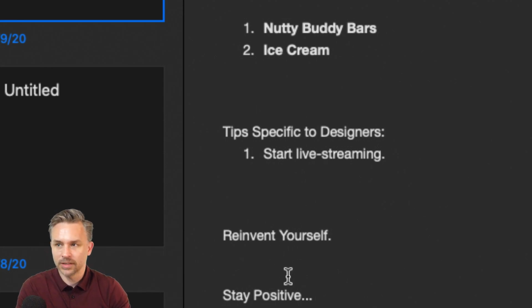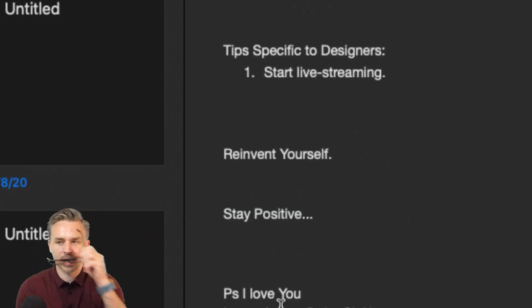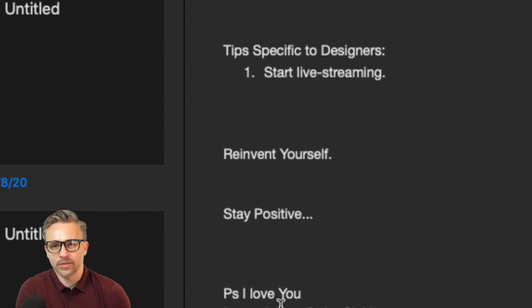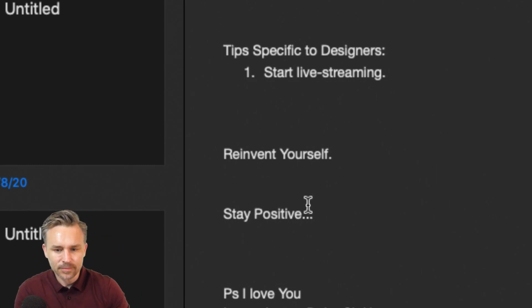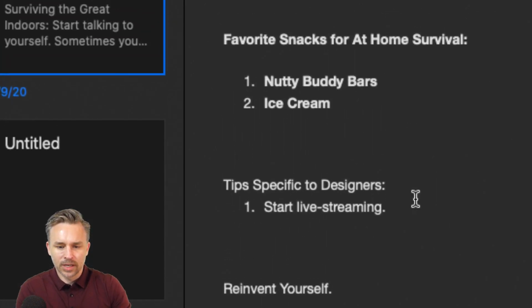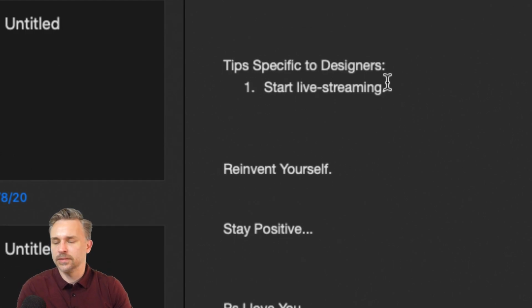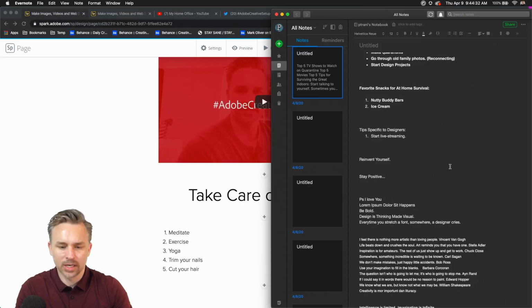Reinvent yourself. That's another one. Like, look at me develop a personality. Look at me, I'm now emerging as a different person because I've all of a sudden put glasses on my face, right? So those are the tips specific to designers. That's just one more that we missed. And that is what we have there.